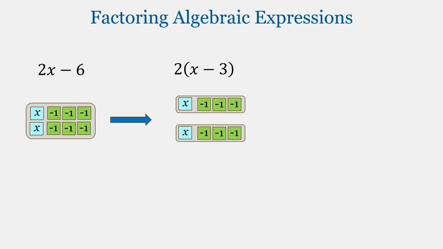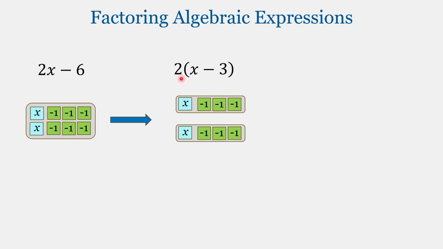Let's look at another example. Here we have 2x minus 6. So in this case, we have 2 x tiles and 6 negative 1 tiles. We can regroup these into 2 groups, with each group having 1 x and 3 negative 1's.